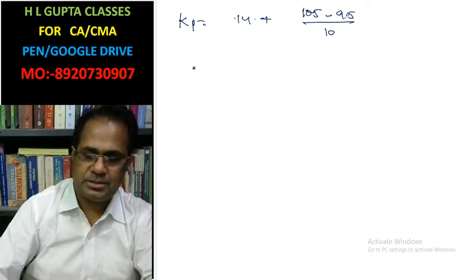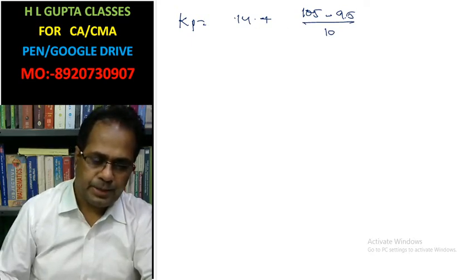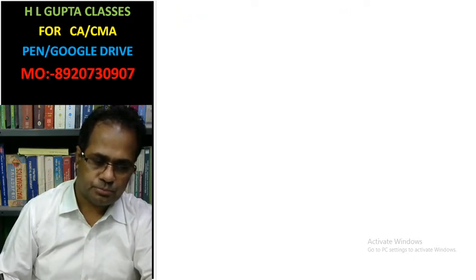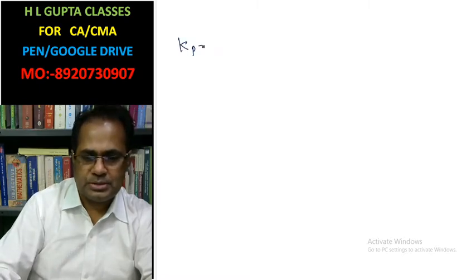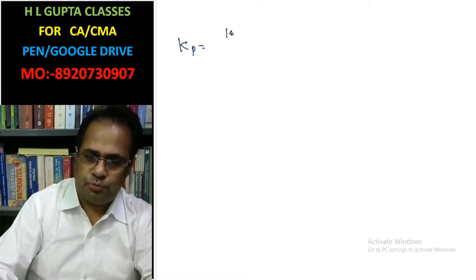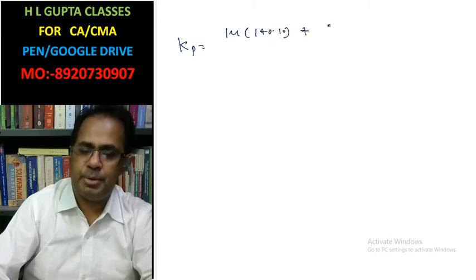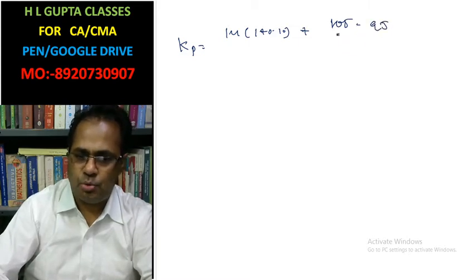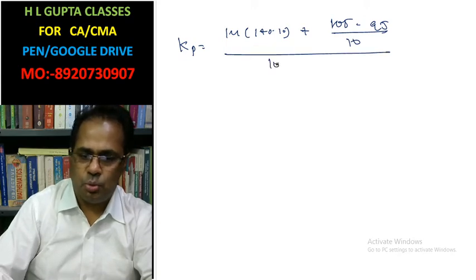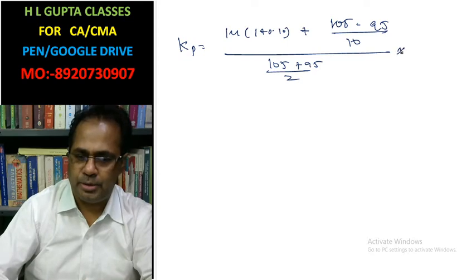Dividend tax is 10%. So cost of preference is 14 into (1 plus 10% dividend tax) plus (105 minus 95) divided by 10 years, maturity period is 10 years, the whole divided by (105 plus 95) divided by 2, into 100.